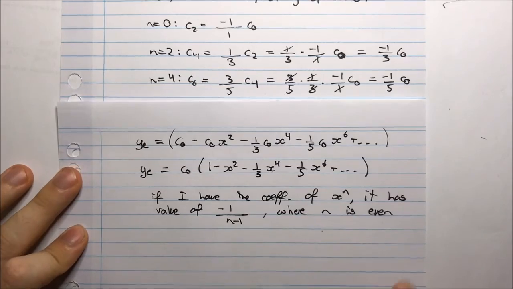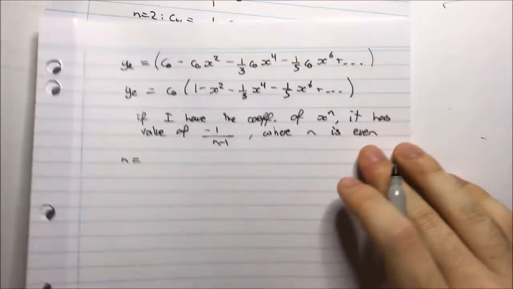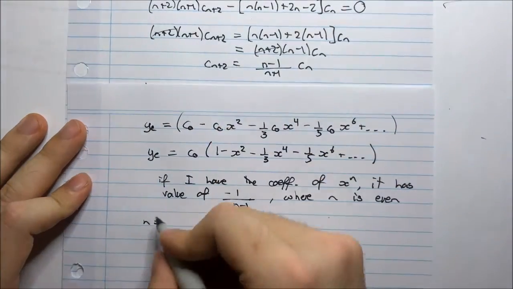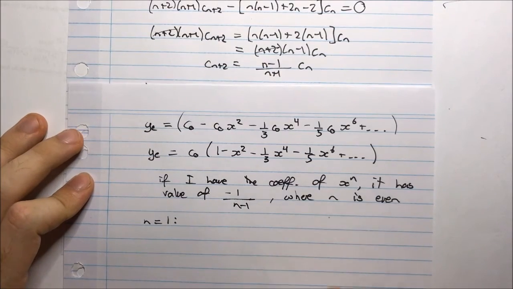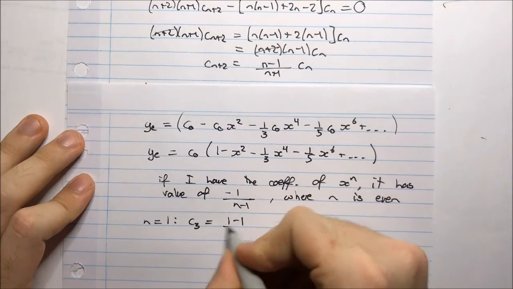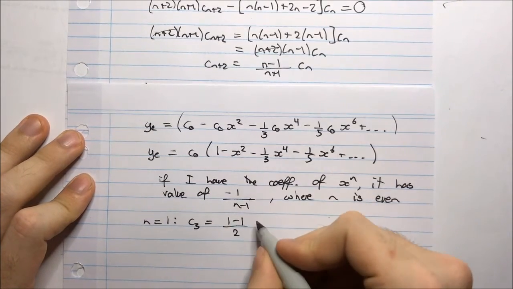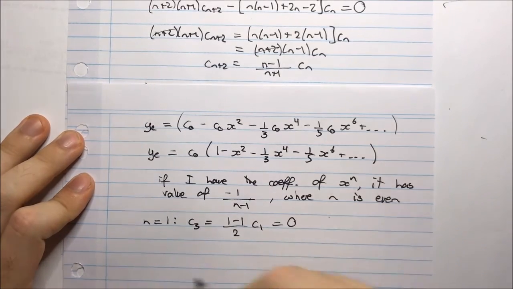Now what about if it's odd? So let's go back up to see our recurrence relationship. There it is. Now if n is equal to 1, what would I have? I would have C3 is equal to 1 minus 1 divided by n plus 1, which is 2, times C1. Now this is 0 times C1, so it's 0.